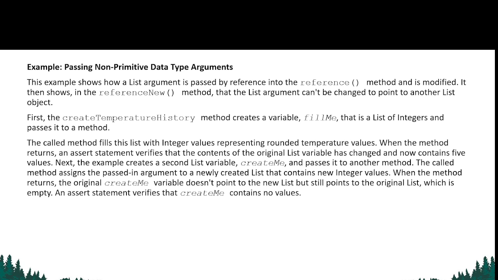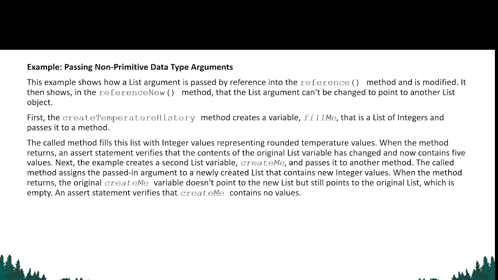Then when I am using the passing non-primitive data type arguments, this will show a list argument that is passed by reference in the reference method and that is modified. Then it is used to show in the reference new method that the list argument cannot be changed to point to another list object.